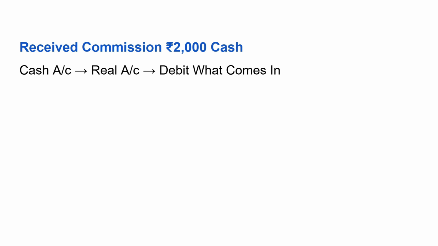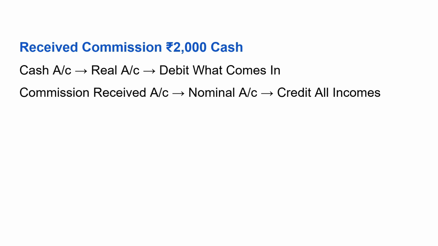Next, received commission 2000 cash. Here it is mentioned cash, so it is cash transaction, and the two accounts affected are cash account and commission account. Cash account, it is real account, and received commission, it is cash comes in the business, so debit what comes in.